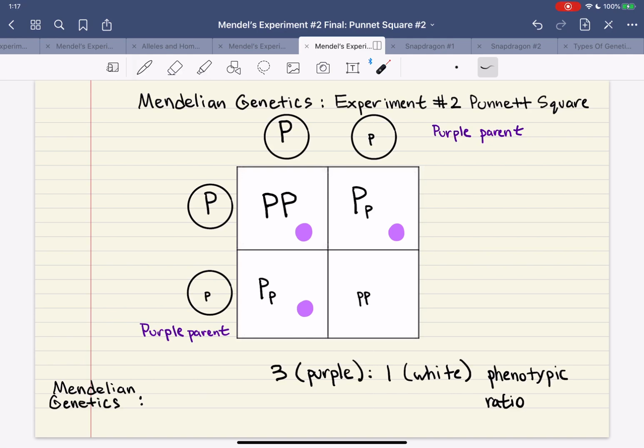Then at the bottom, it looks like I want to define something here as we round out Mendelian genetics. I think it's about time to define what that truly means. That means you're talking about a character like flower color in pea plants.